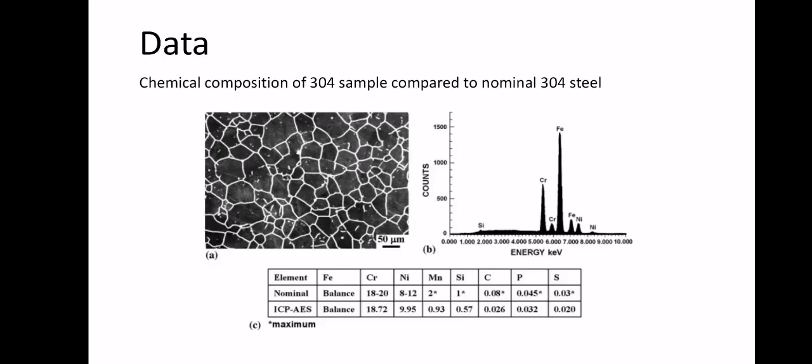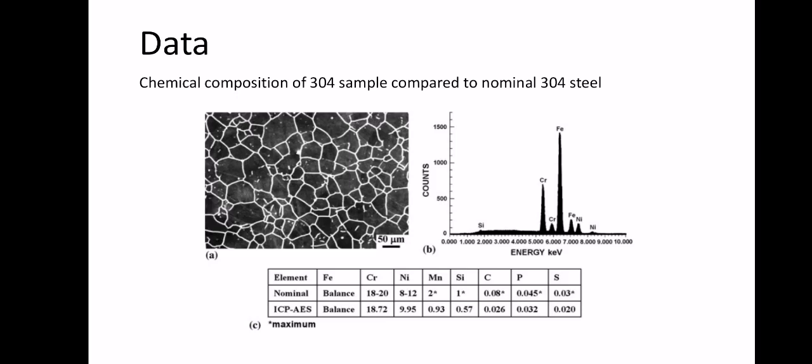The data we have here, I think, is from chromatography. This determines the composition of the steel. So this is our sample, the tube we have, 304 stainless steel. To understand more, we can see a nominal 304 and our 304.